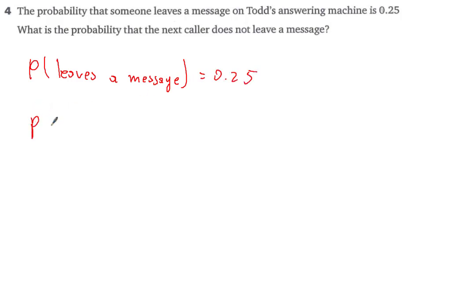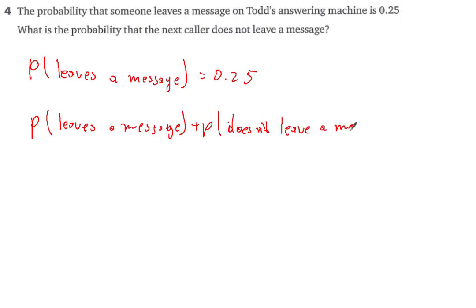Well, the probability that he leaves a message plus the probability that he does not leave a message must be 1. So what does that mean?